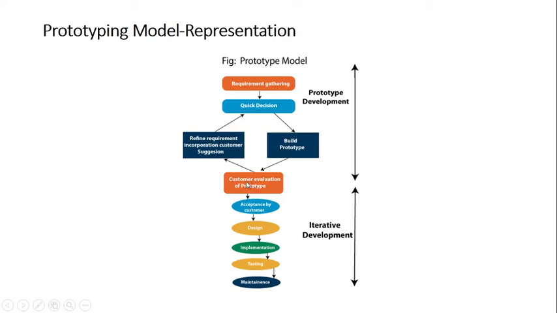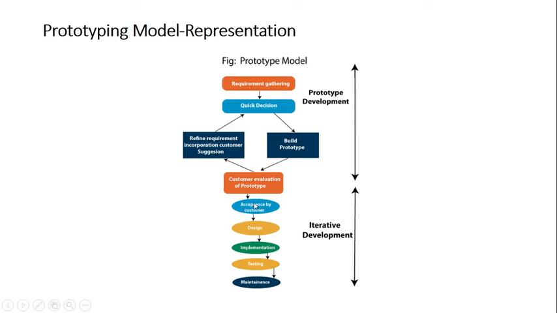That means whatever customer feedback has been given, you are going to make the changes in your requirements. Again quickly design it, build the prototype, that means make the relevant changes, again give it to the customer. So this cycle keeps on repeating until the customer is satisfied and it is accepted by the customer, right?